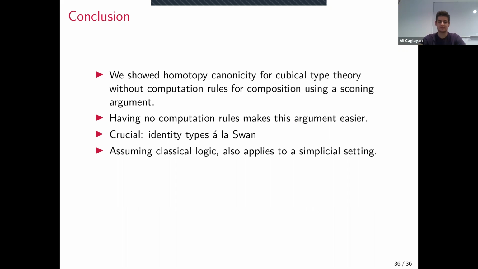There's a question in chat, by the way. Does this give us any insight into solving Vladimir's original conjecture? Not directly.